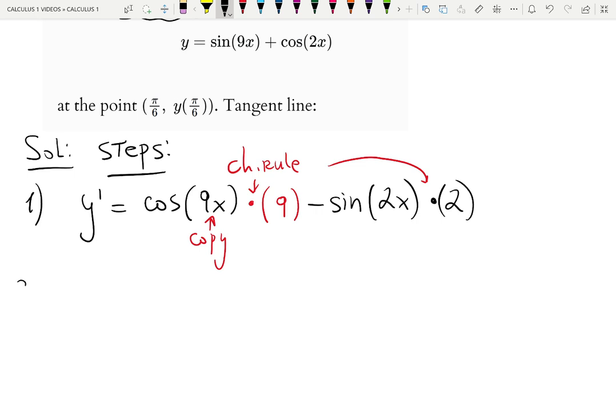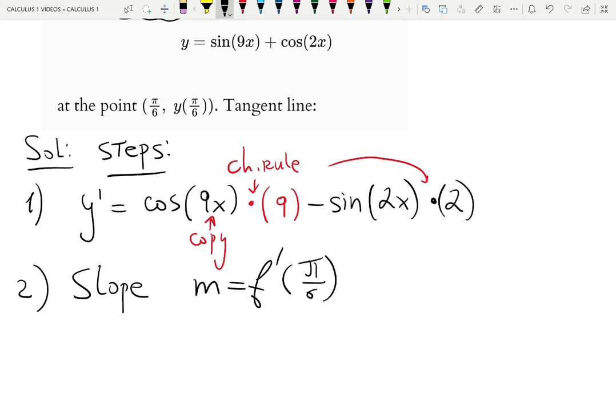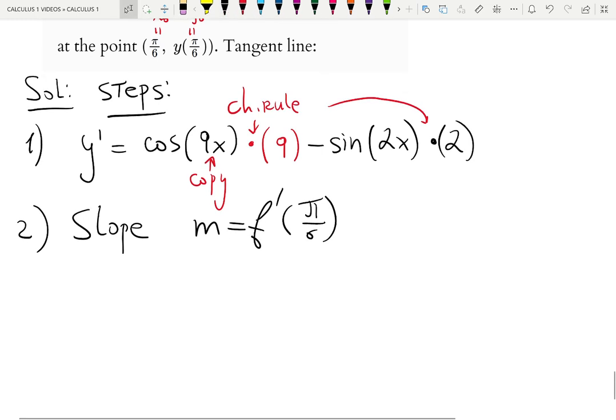Now, we need to find slope. Slope is not just a derivative. Slope is a derivative at the given point. In our case, it's pi over 6. I like to call it x sub 0 and y sub 0. We need to substitute pi over 6 into the derivative we just found.